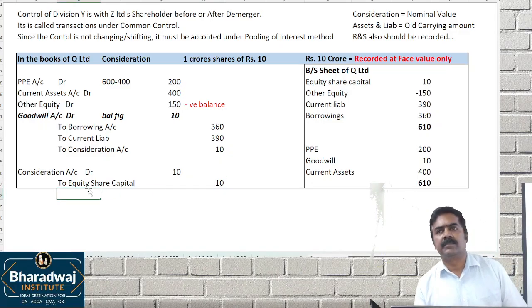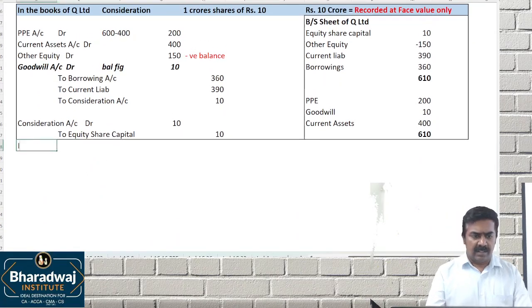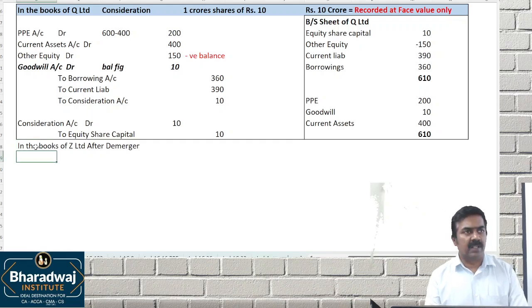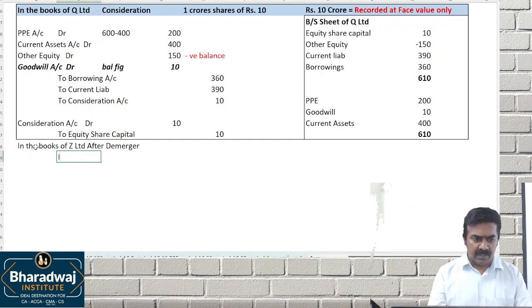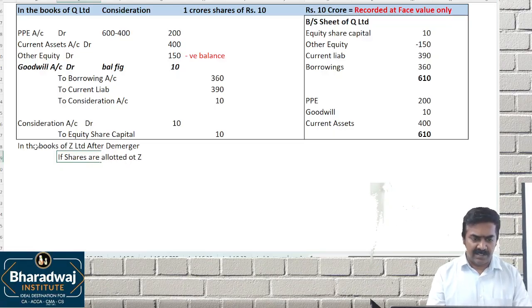Shall we? Wait. In the books of which company? Z Limited after demerger. Wait. There are two situations. If shares are allotted to us, that is Z Limited.